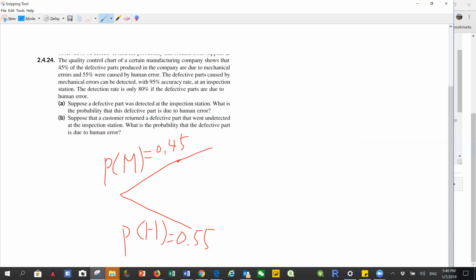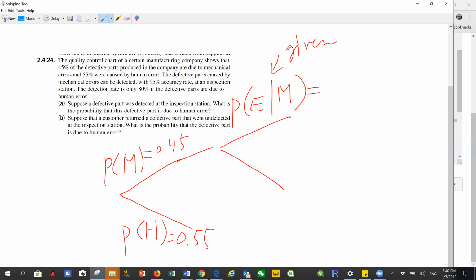But out of the defective parts caused by mechanical error, given mechanical error, this is conditional, the probability of error is 0.95.